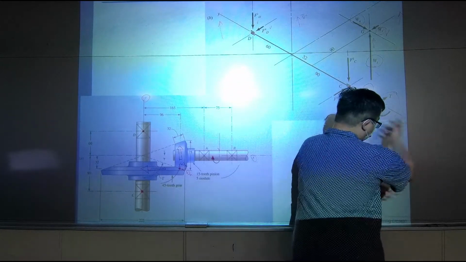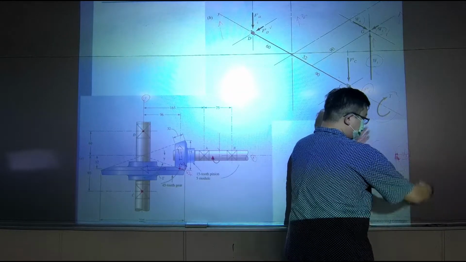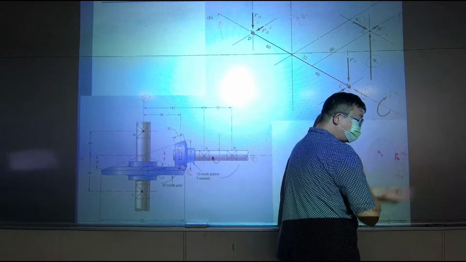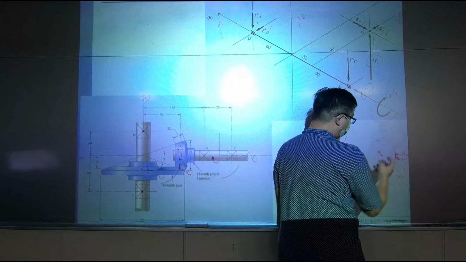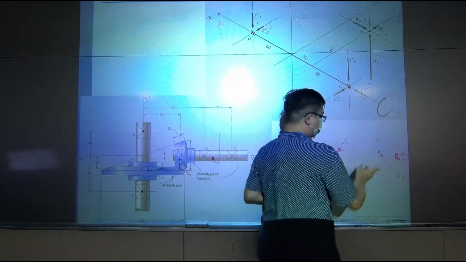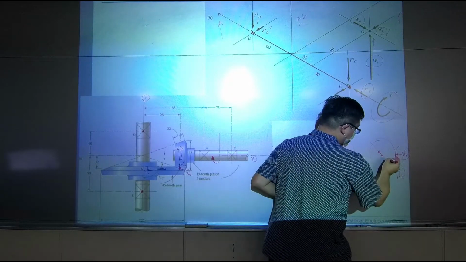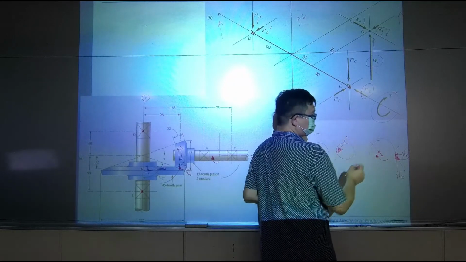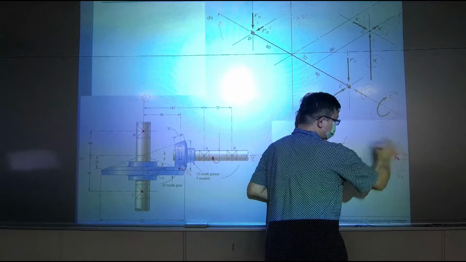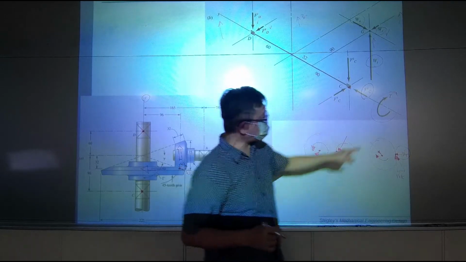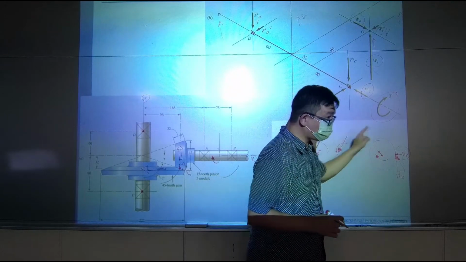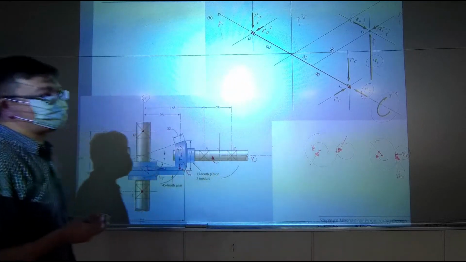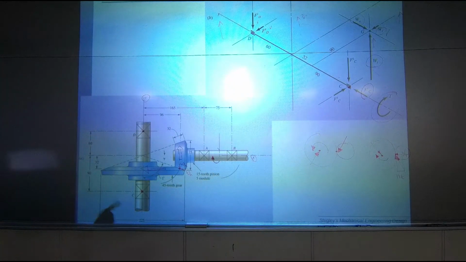It's generating a moment that is going counterclockwise. Therefore, at the center of the shaft, there must be a reacting torque to balance the moment that is generated. That's why this torque goes clockwise. Okay? That is very important for the free body diagram.